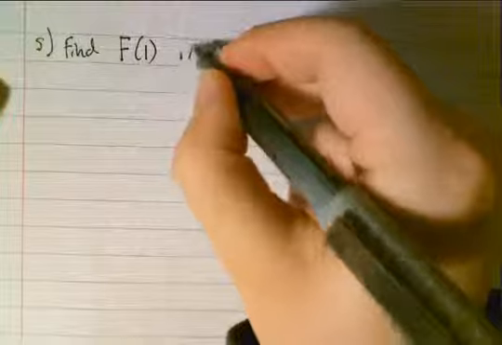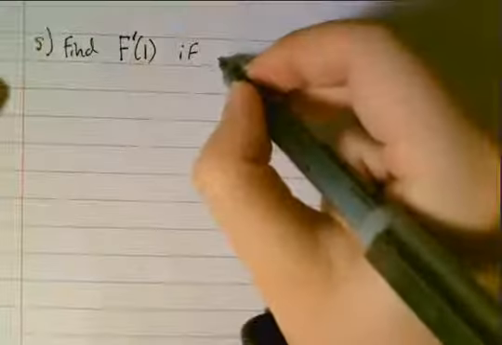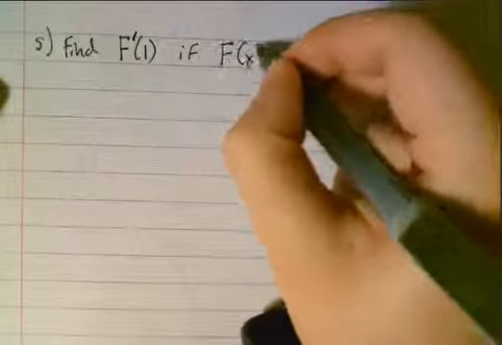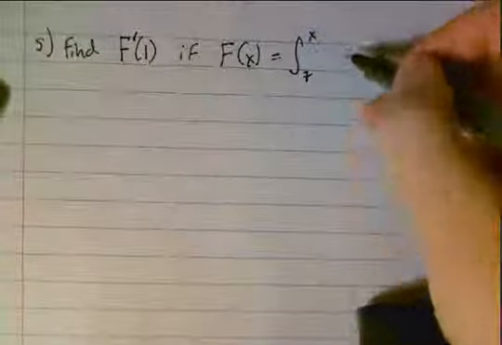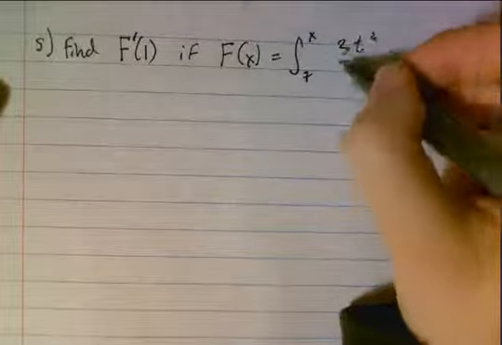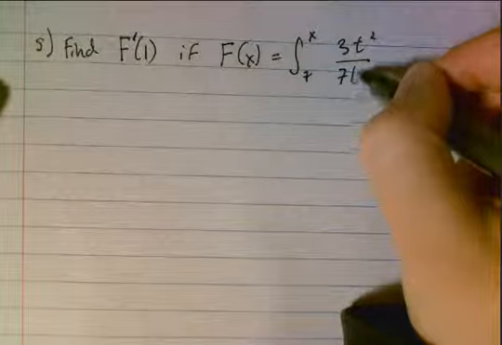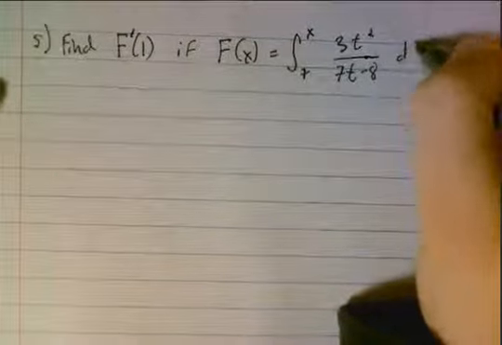We can also use that property if we are finding the derivative at a particular value of x. This is our final problem. Find f prime of 1, if f of x equals the integral from 7 to x of 3t squared over 7t minus 8.